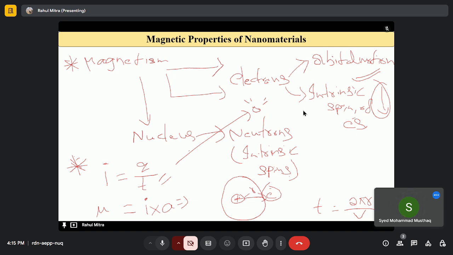So mu equals minus e by 2 pi r times v, times pi r squared. This equals e by 2 with the pi cancelled, and multiplying, the r gets cancelled, leaving v times r.